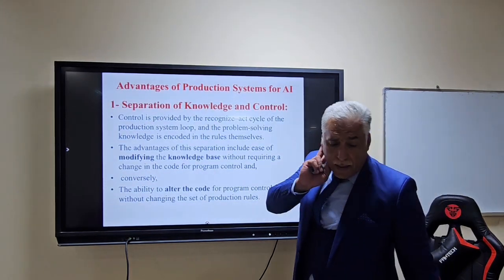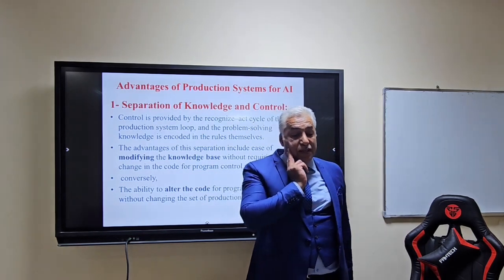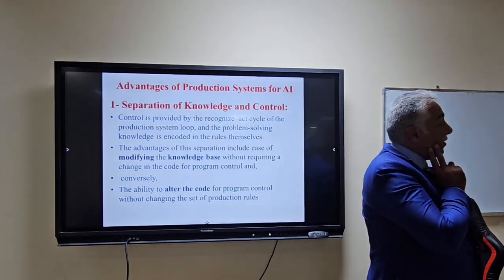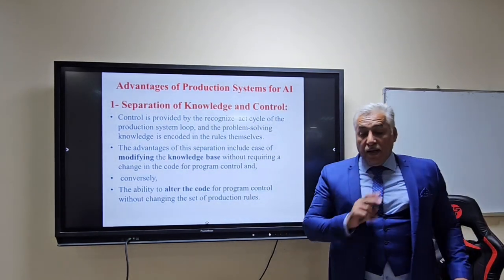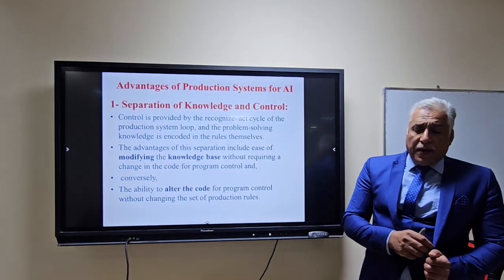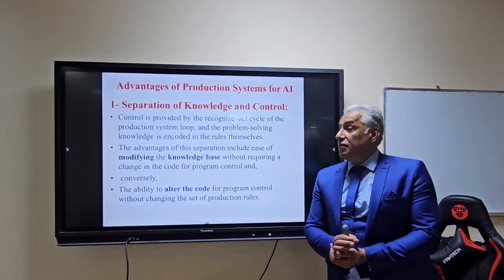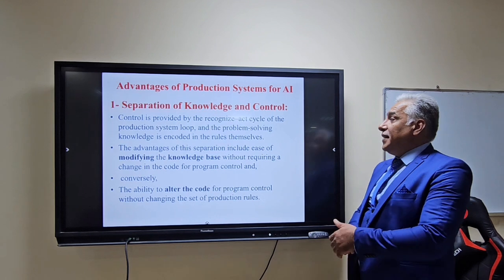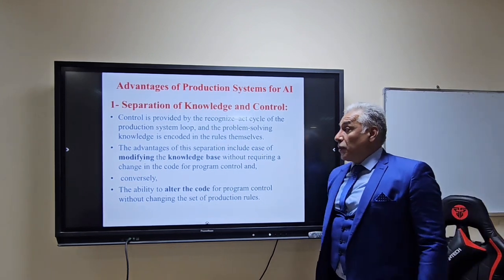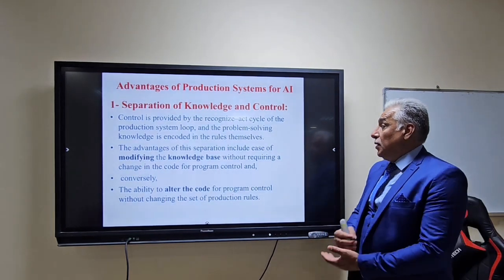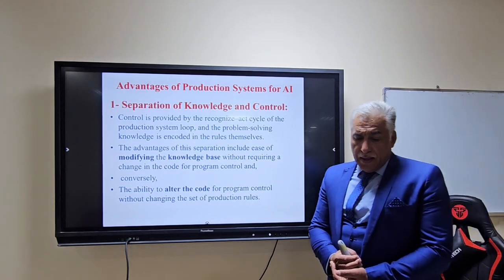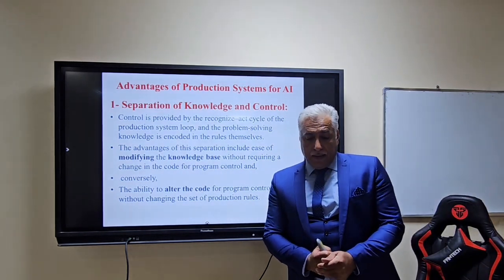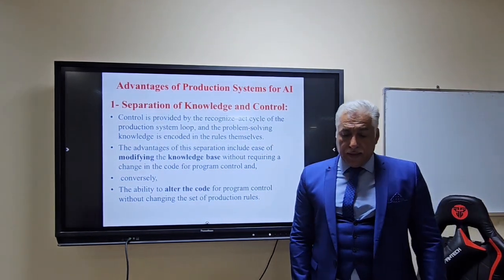Now we're talking about the advantages of production systems for artificial intelligence. The first advantage is the separation of knowledge and control. Control is provided by the recognize-act cycle of the production system loop and the production of the problem solving. Knowledge is encoded in the rules themselves.